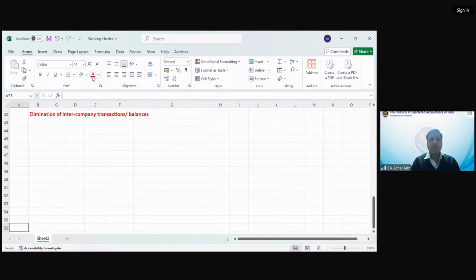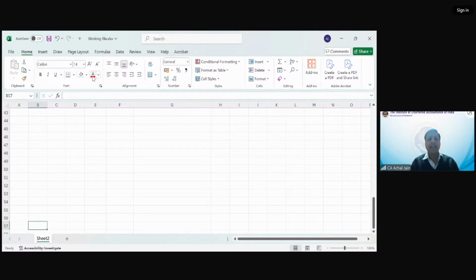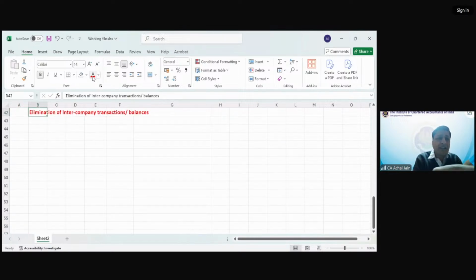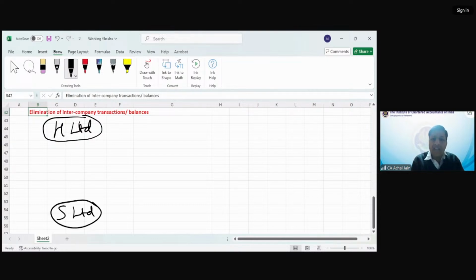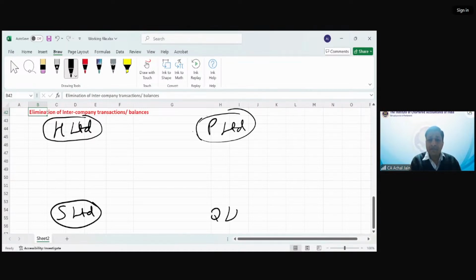Say we have two companies, holding and subsidiary, H and S. So at one place we have H Limited and S Limited. And there's another situation wherein we have P Limited and Q Limited. Now these are subsidiaries for us. Now these are holding companies.